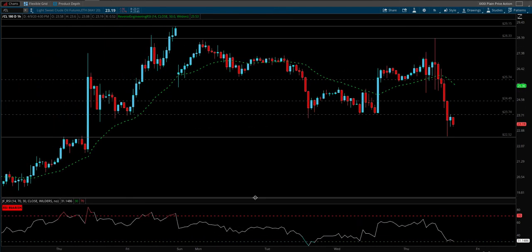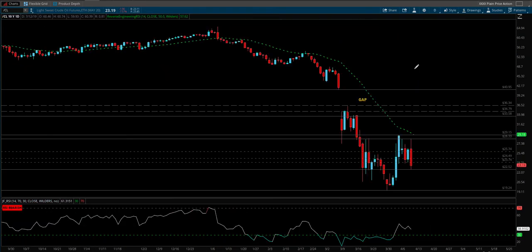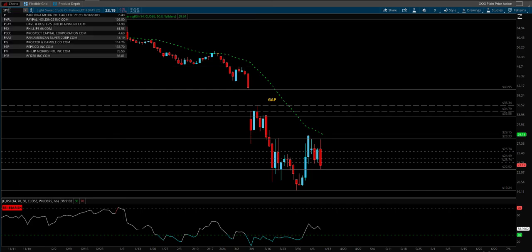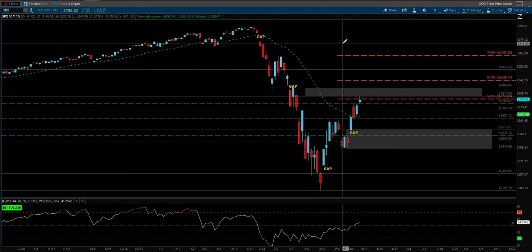And so again, like I was saying before, you would look for clusters or confluence or resistance. So let me go back to SPX for a minute, and the daily chart.